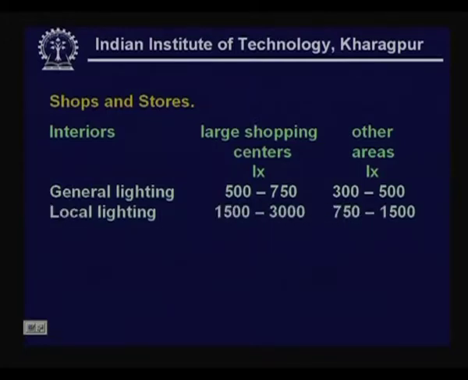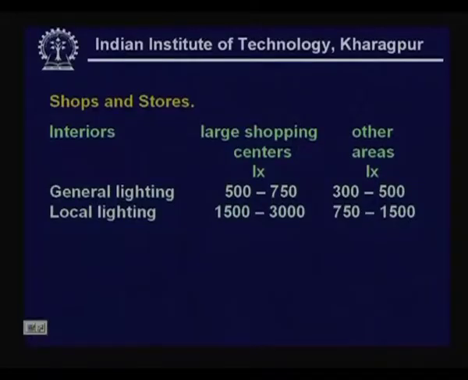Where do you need local lighting? You need local lighting in the shopping windows where you want to highlight the new products, with as high as 1500 to 3000 lux. The other areas include smaller shopping malls in the neighborhood and larger shopping centers.